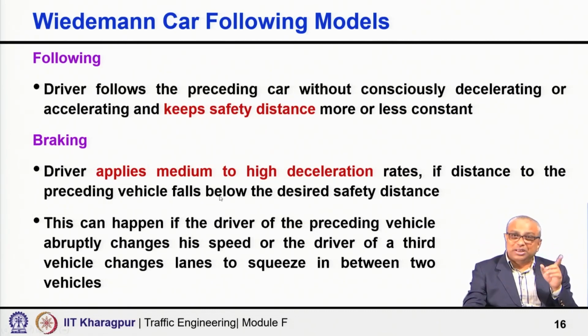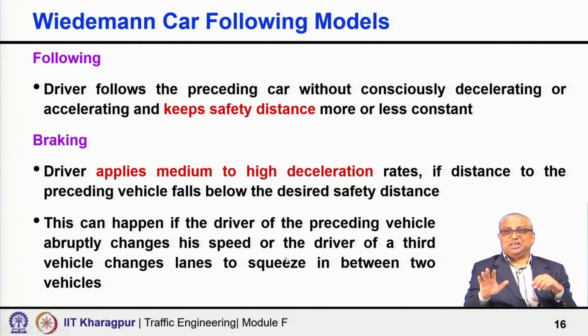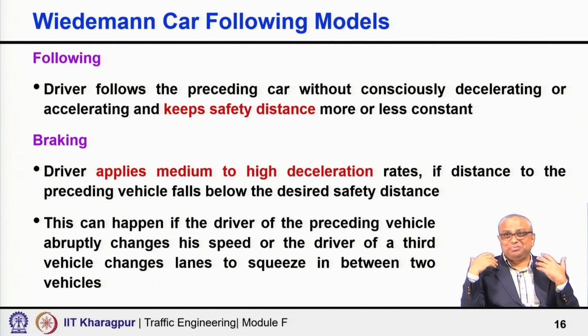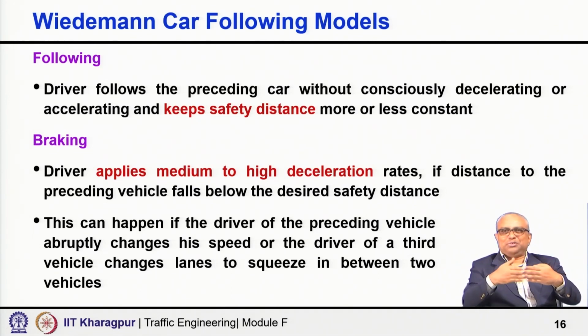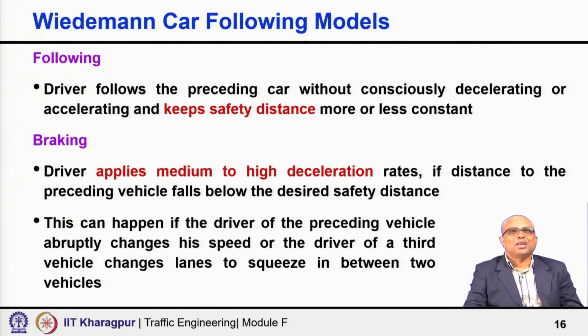But this kind of braking situation will arise if the driver of the preceding vehicle abruptly changes his speed, say suddenly applies brake, then the braking can come for the following vehicle, or which is again very common in Indian conditions, a third vehicle changes lane to squeeze in between two vehicles. So, you are travelling, and another vehicle which was travelling in another lane is now trying to enter. So, the braking situation may come.